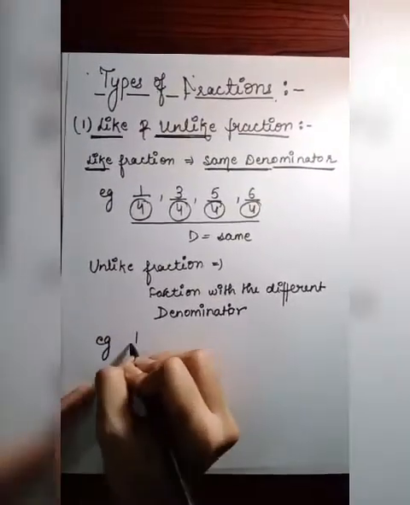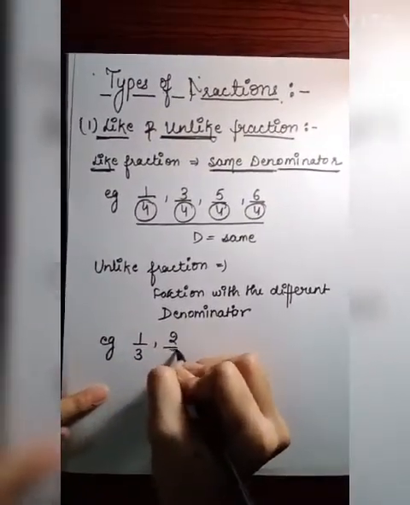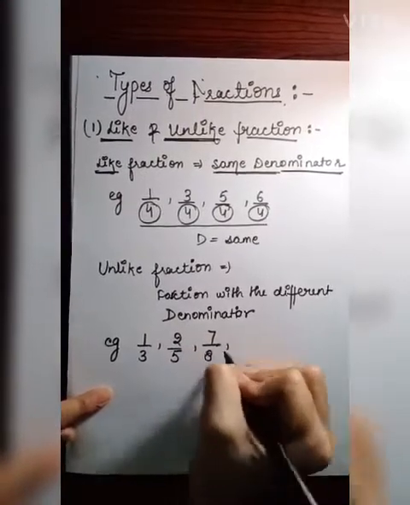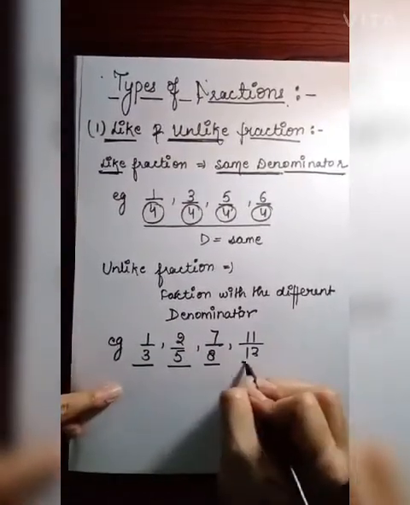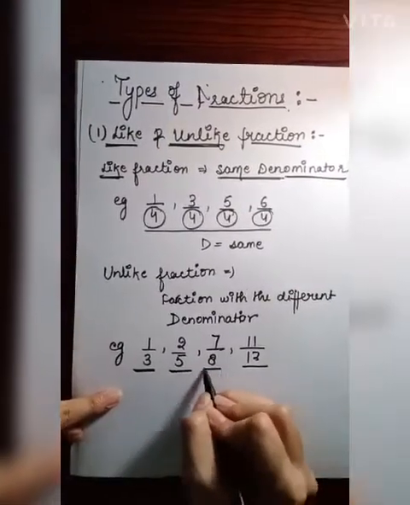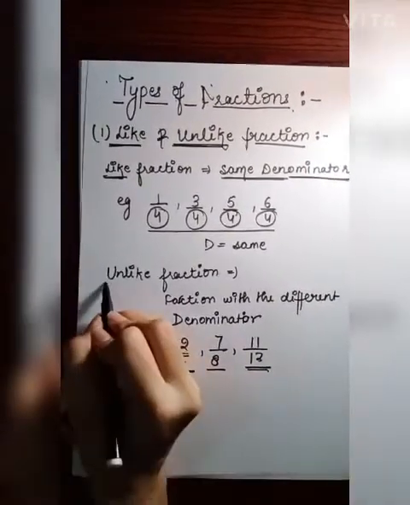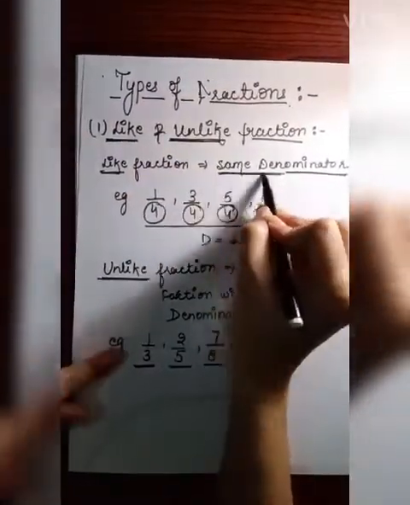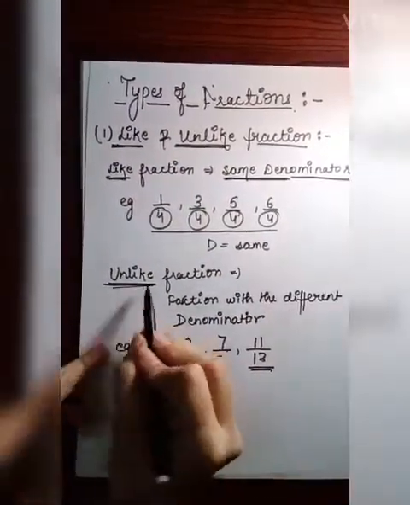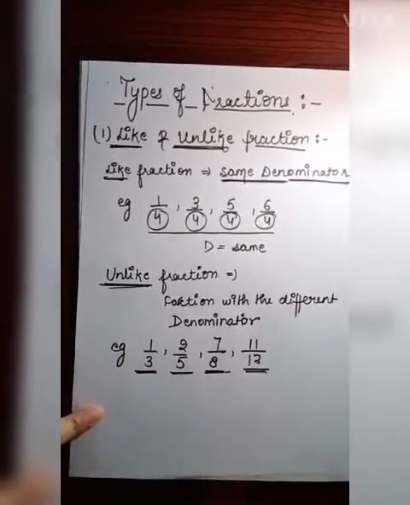Example, 1 upon 3, 2 upon 5, 7 upon 8, 11 upon 13. In each case there is a different denominator. So these are unlike fractions. So what is a like fraction? Fractions with the same denominator, and unlike fractions, fractions with different denominators.